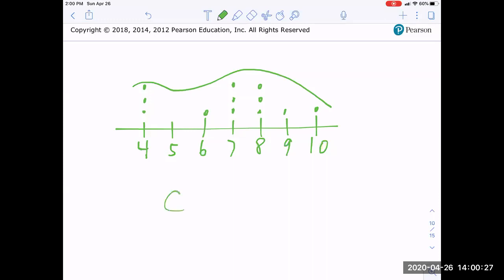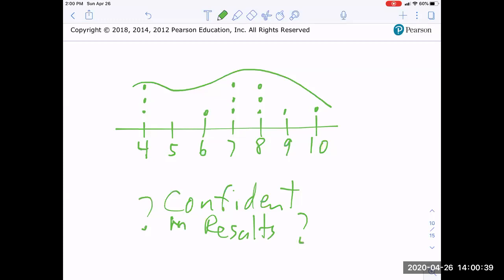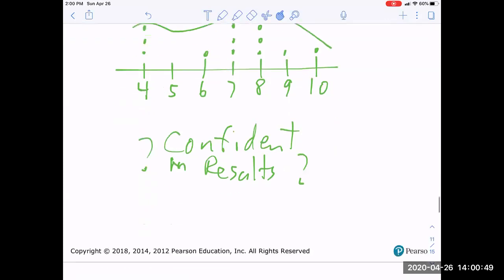Confident in results, I would question it, just because we don't have a large enough N, enough data points, and it's a little out of normal, but good enough to proceed.